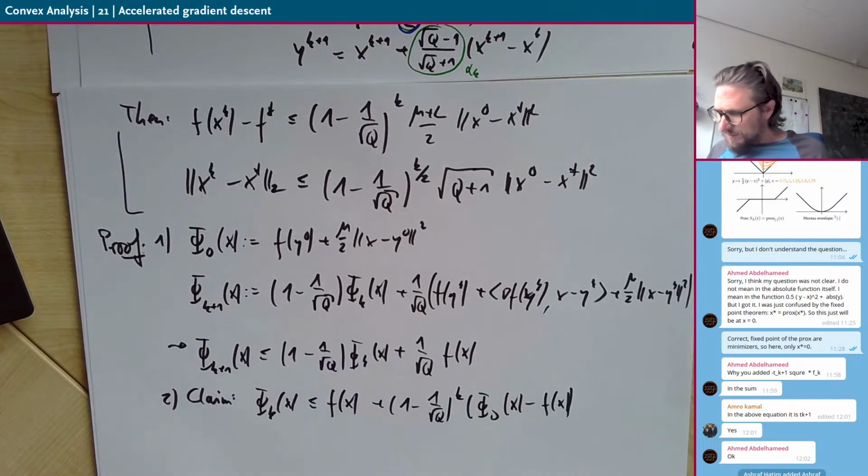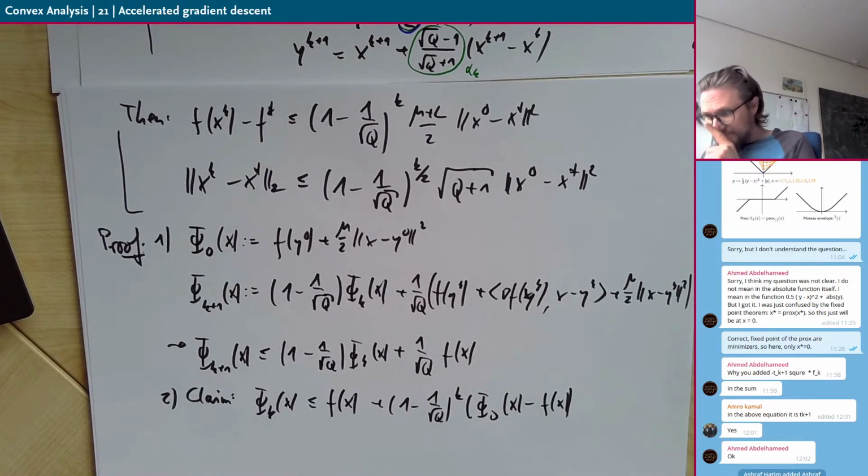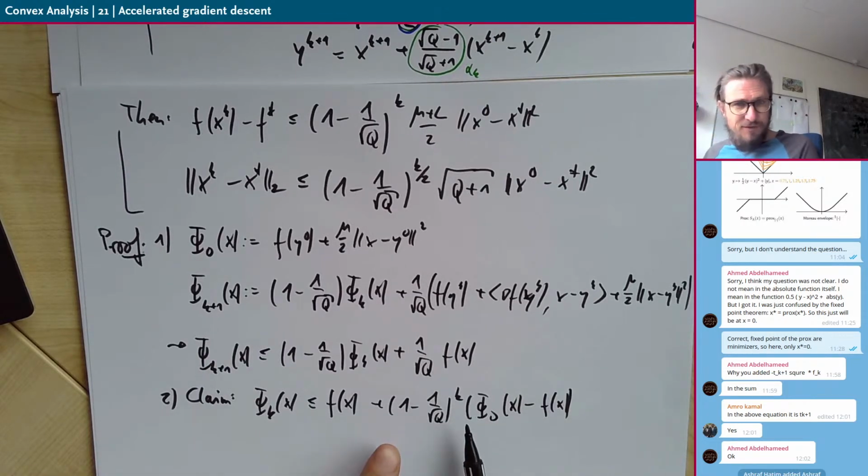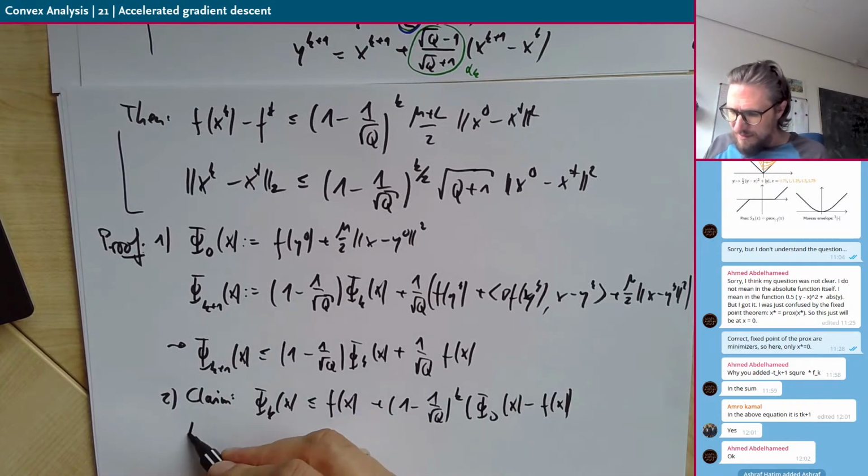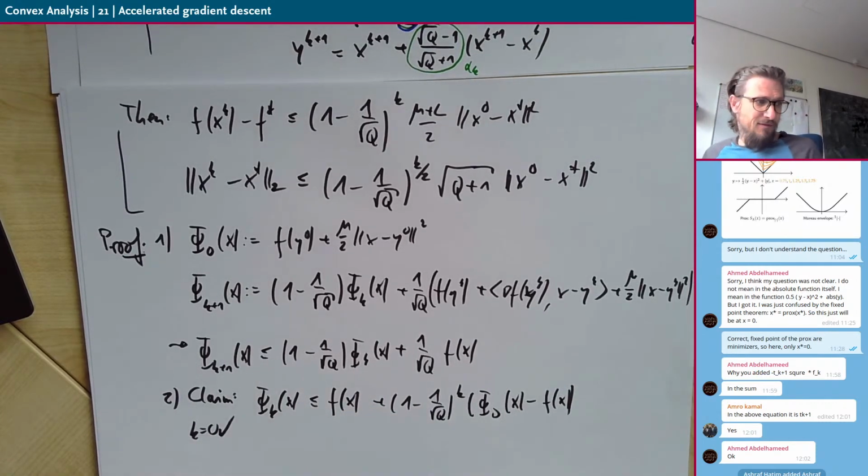First, let's check the case k equals 0. For k equals 0, it's trivially true because the factor will just be 1, and f cancels, and this is just phi_0 smaller than phi_0. So k equals 0 is finished.